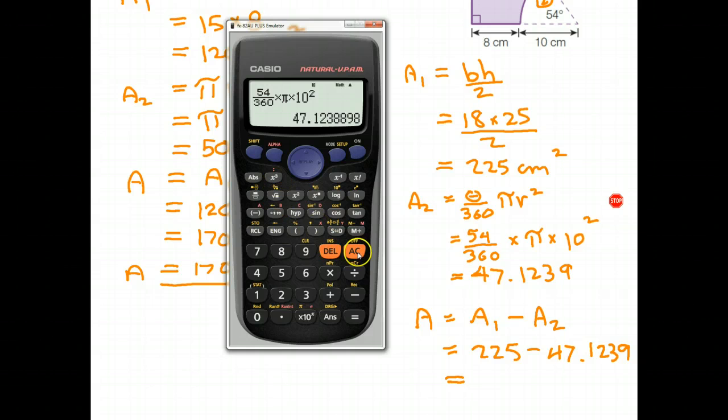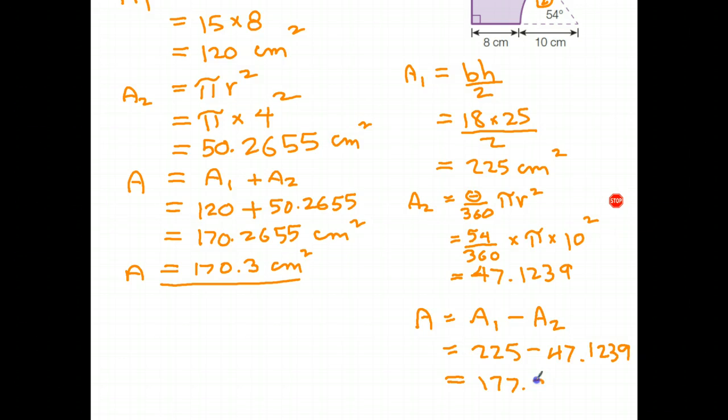We certainly use our calculator a lot in measurement questions. 225 subtract 47.1239 equals, and we want the final answer to 1 decimal place, 177 point. Well, we've got an 8 there. Looking at the next decimal, it's bigger than 5, so that 8 becomes a 9. So 177.9. And units, again, are centimeters squared.